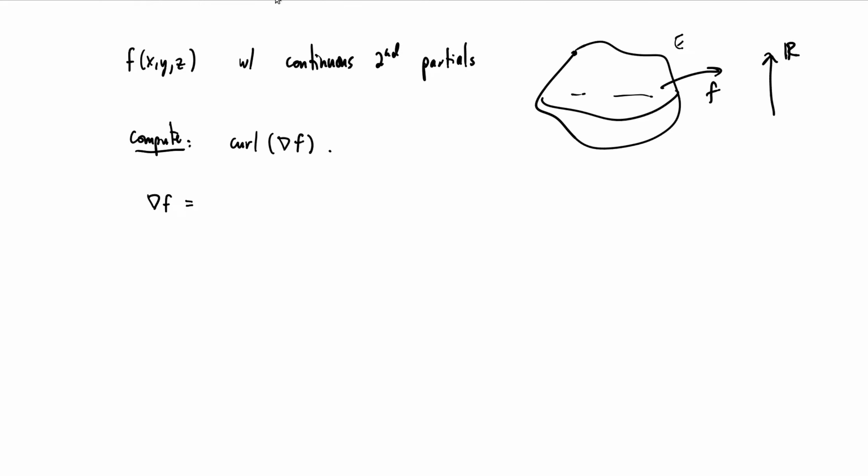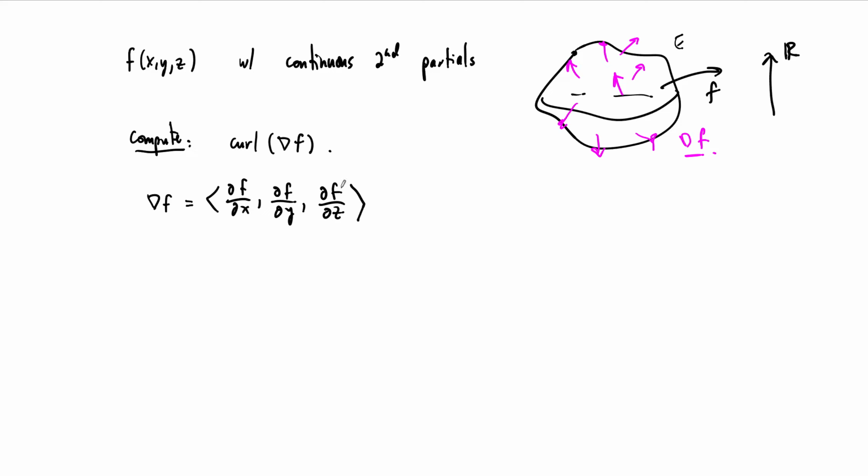And the gradient vector field of this function assigns a vector to every point back here in the domain. So gradient f lives over here in the domain space E, and this gradient vector field is given by partial of f dx in the first component, partial of f dy in the second component, partial of f dz in the third component, in the z component.